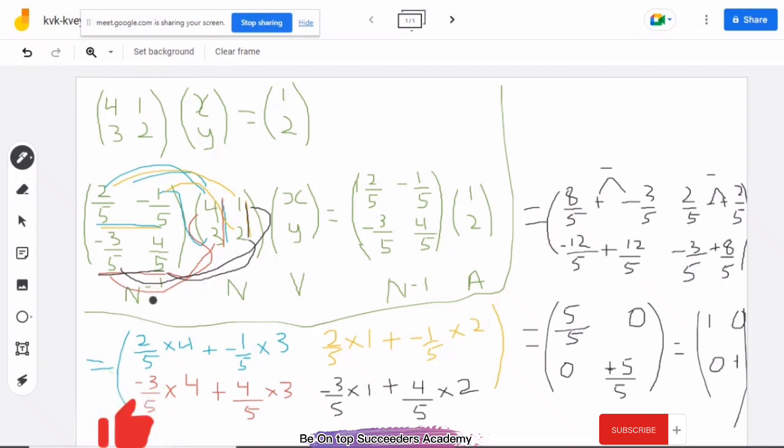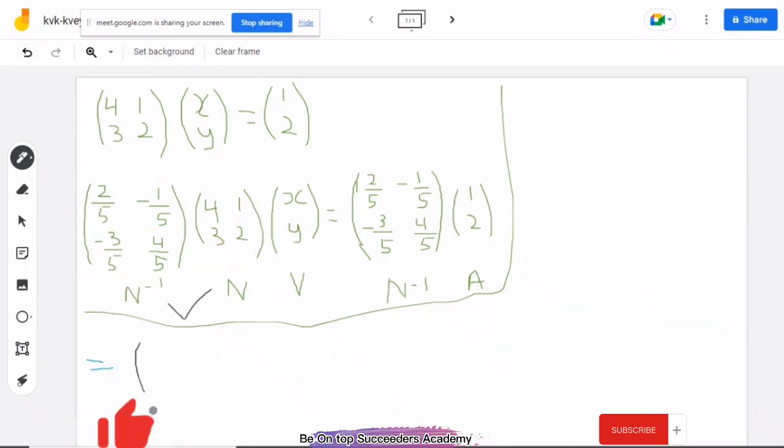Because it doesn't matter which inverse matrix it is, a matrix by its inverse will always give you the identity matrix. So once again, the matrix inverse by matrix A will give you 1 0 0 1. So now you're not confused how I got it.